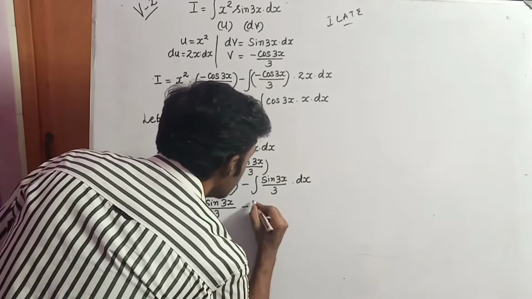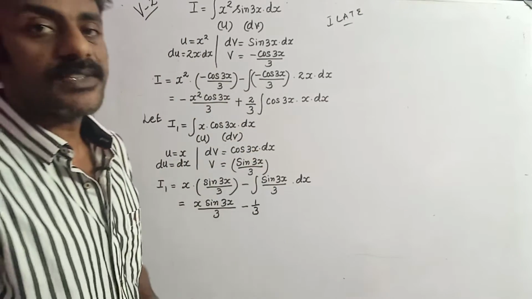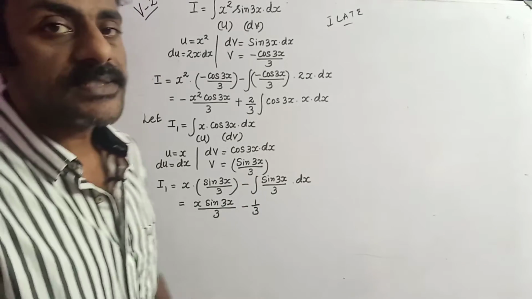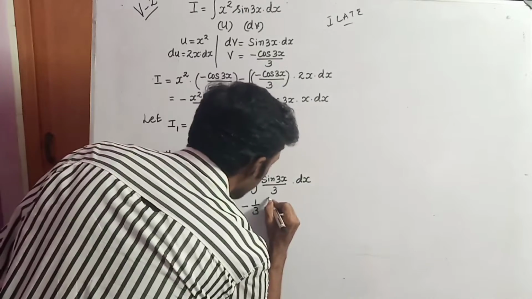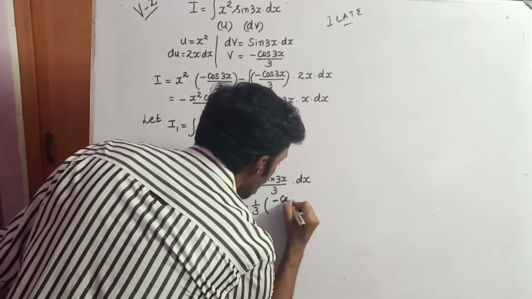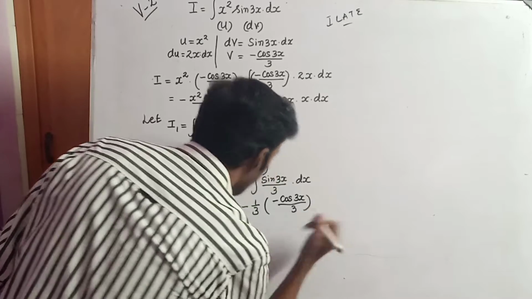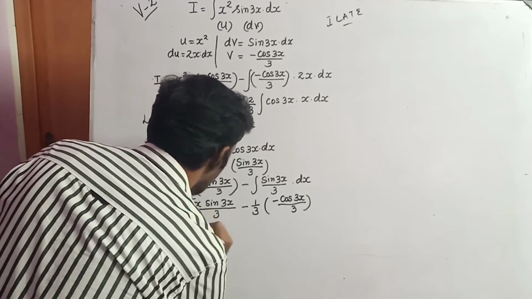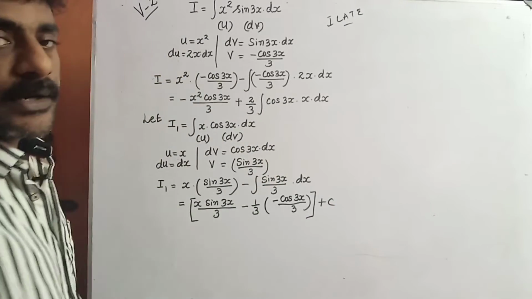minus 1 divided by 3 into the integral of sine 3x into dx. The integral of sine 3x into dx will be minus cos 3x divided by 3. Okay, so I am putting in the constant c, the integration constant.